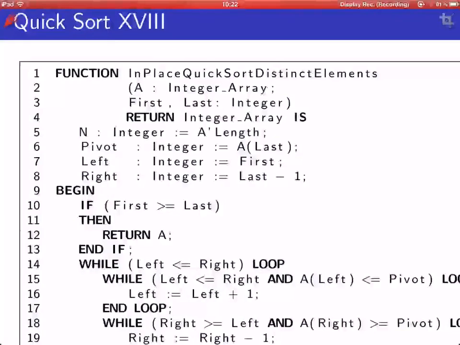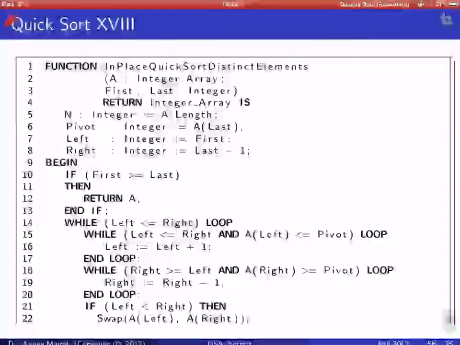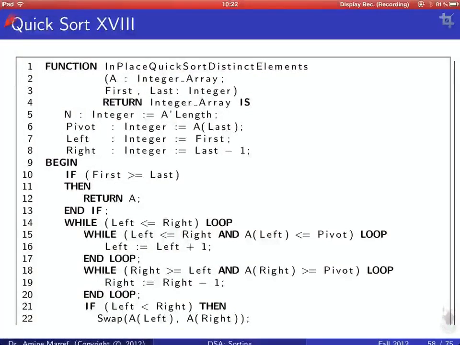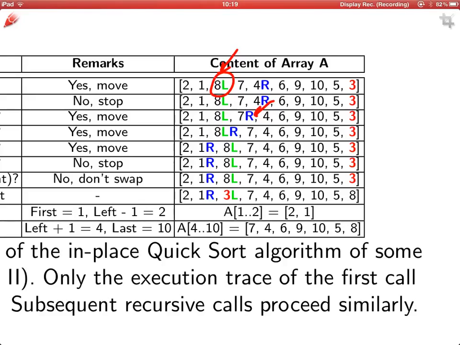So this is the code of in-place quicksort. So we have left and right, and we keep moving left as long as we do not detect an anomaly, i.e. an item which is on the left-hand side and should be on the right-hand side, and we keep moving right as long as we do not detect an anomaly, i.e. an item which is on the right-hand side but should be on the left-hand side.